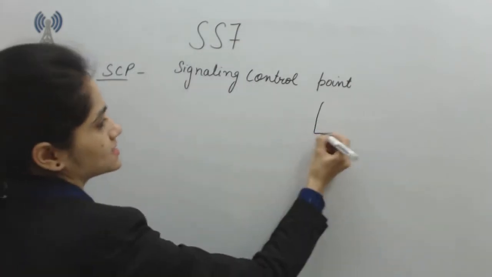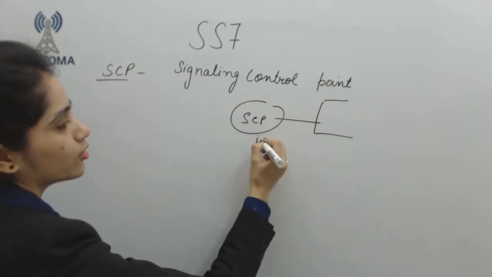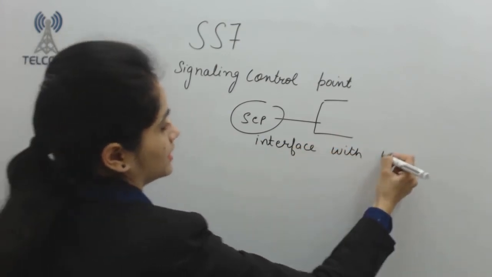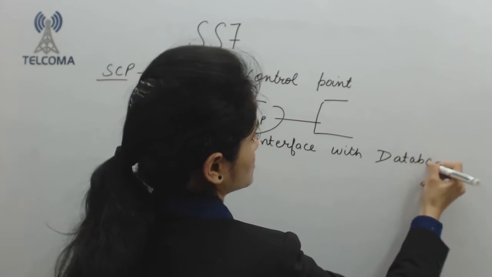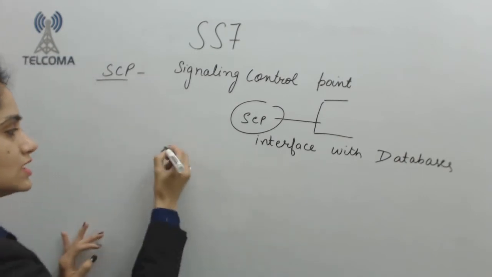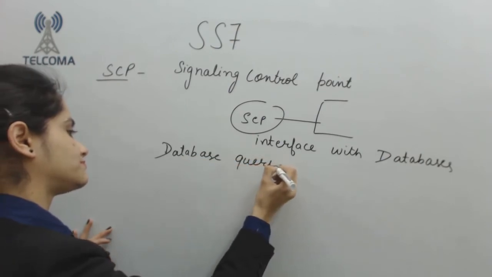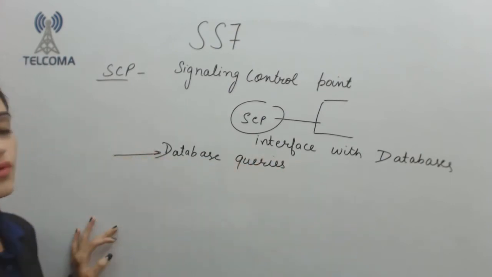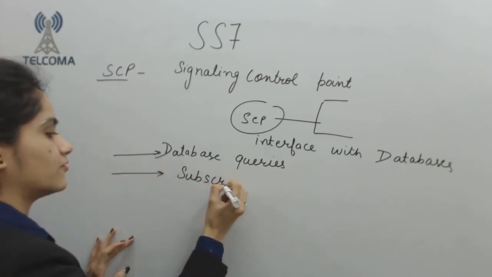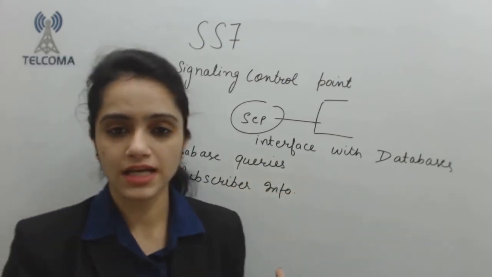So if I have like HLR as one database, SCP as a signaling control point will form an interface with databases so that we can process all the queries and subscriber information. So it will handle all the database queries, as well as it will handle all the subscriber related information. So this is the function of signaling control point.